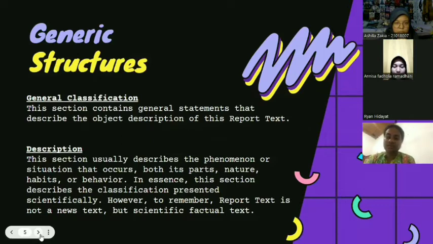Second, description. This section usually describes the phenomenon or situation that occurs, including its parts, nature, habits, or behavior. In essence, this section describes the classification scientifically. However, remember, report text is a factual, scientific text.